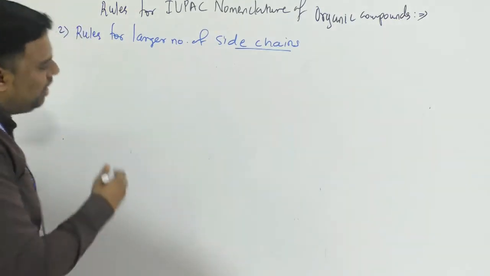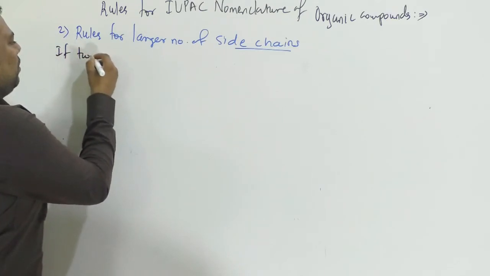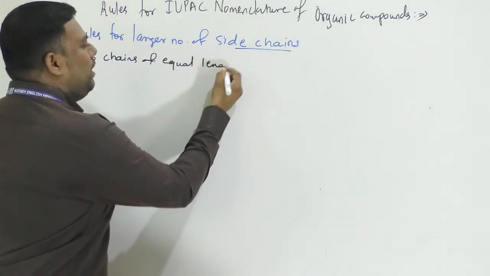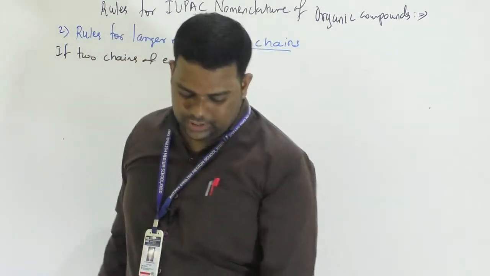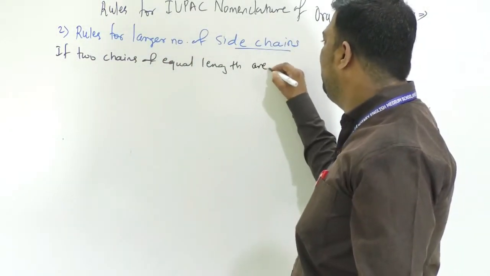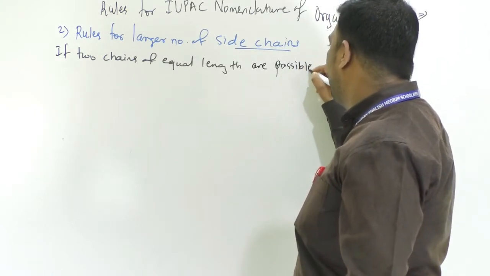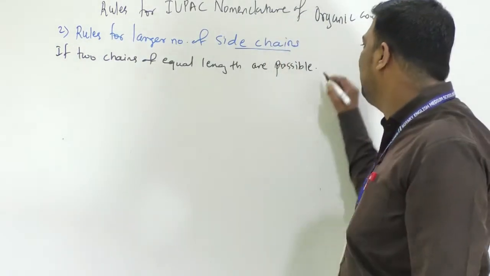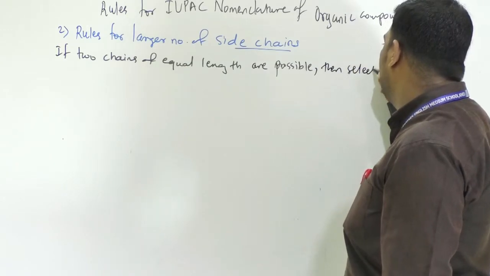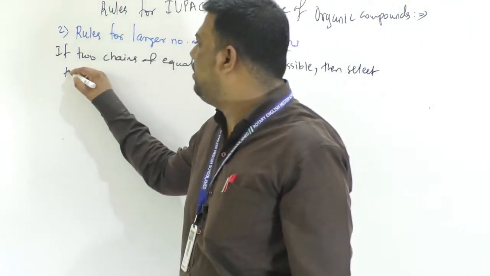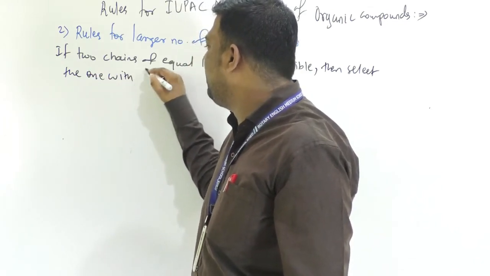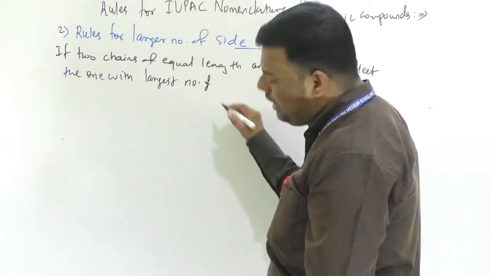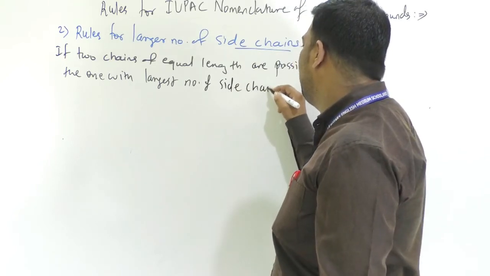If two chains of equal length are possible, then select the one with the largest number of side chains.